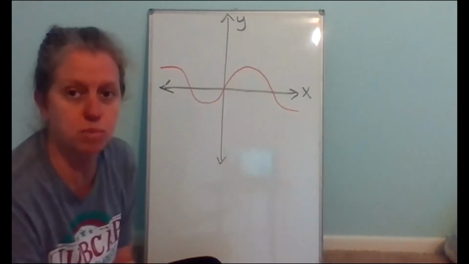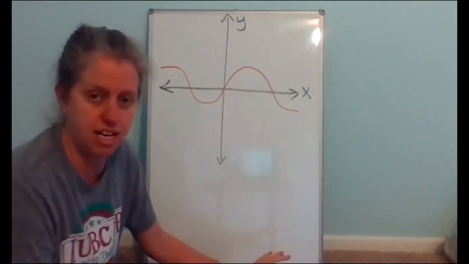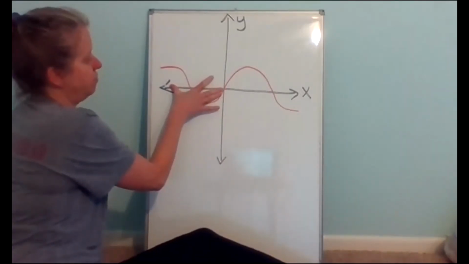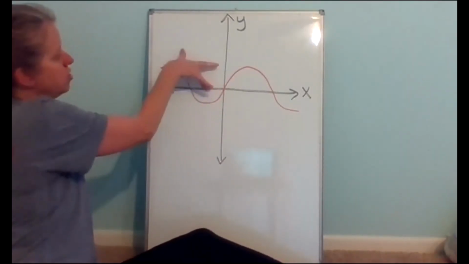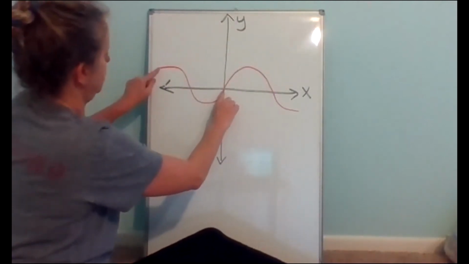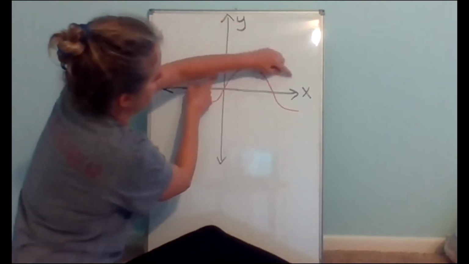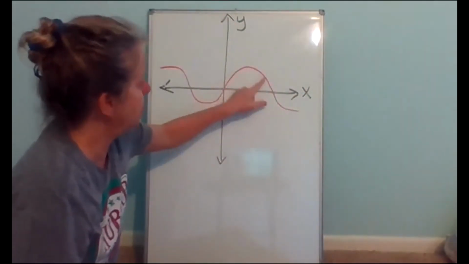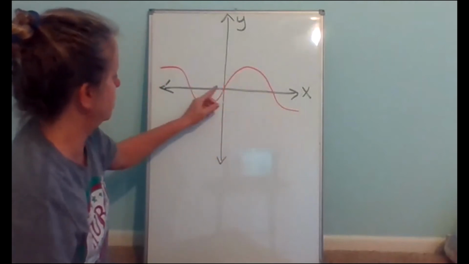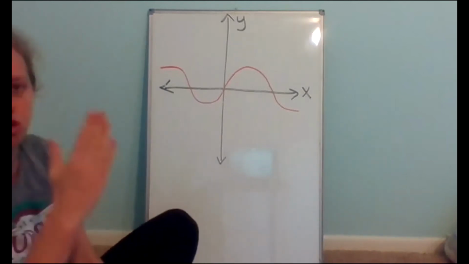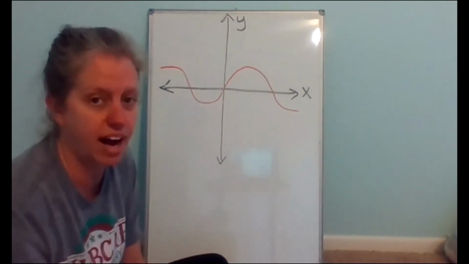This is what's called symmetrical with the origin, and here's why. If you rotated this half of the graph 180 degrees, just taking this part and rotating it 180 degrees, then it would lie on this part of the graph. This is harder to see than just being symmetrical with the x or the y.